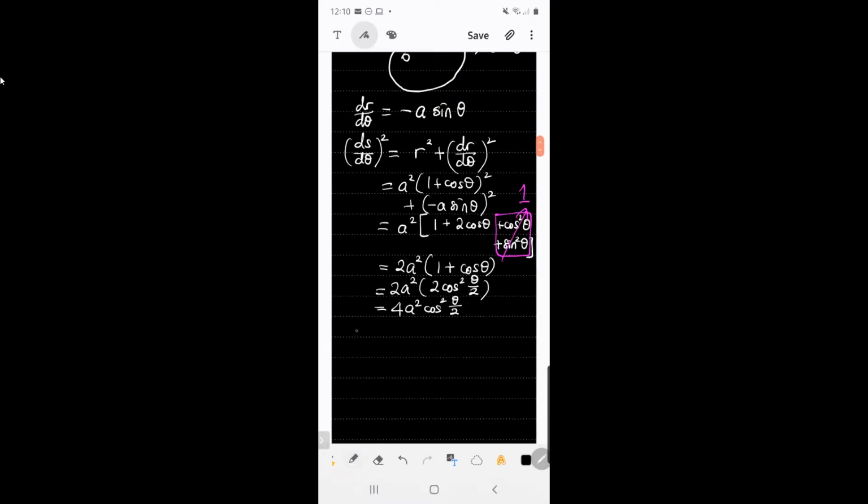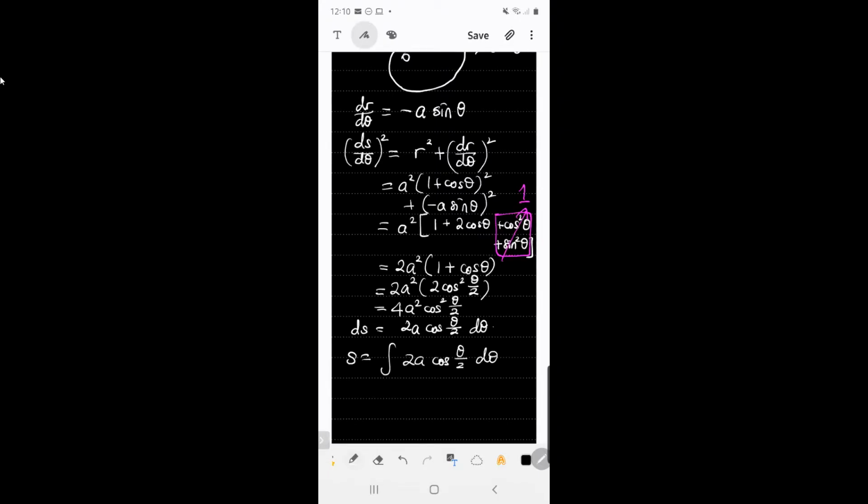So that means our ds is actually in the form of 2a cos(θ/2) dθ, right? So the arc length s is given by the integral of 2a cos(θ/2) dθ.